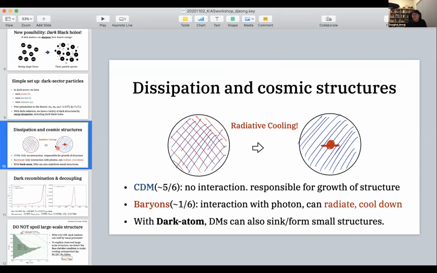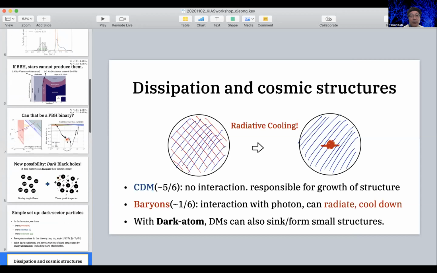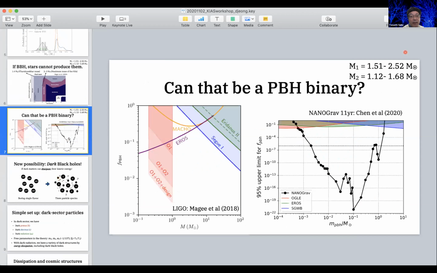Once you identify some kind of black hole in the universe, is it possible to distinguish it from a primordial black hole, or some standard black hole with some unknown formation mechanism? Right. I discussed that with Misao a lot, and he suggested that the spin distribution may be very different for primordial black holes and these black holes.